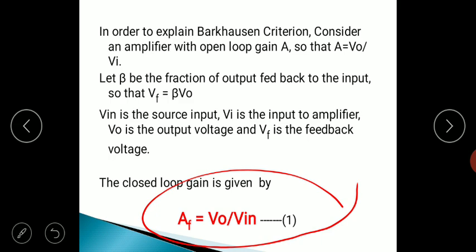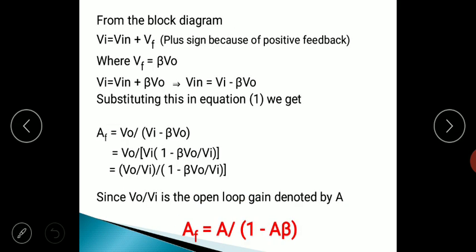That is the only change you have to make in the derivation, and you can arrive at the closed loop gain, or the gain with feedback. Like already we have derived the gain of the negative feedback amplifier AF as A by 1 plus A beta. Now, since we are changing one sign here, there will be a slight change, and almost a similar expression you are going to get. And what is that? You can see here in the next slide.